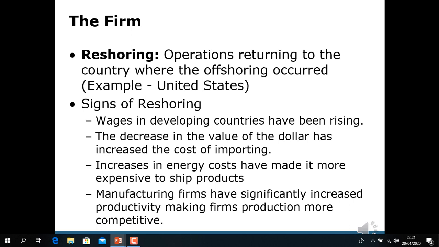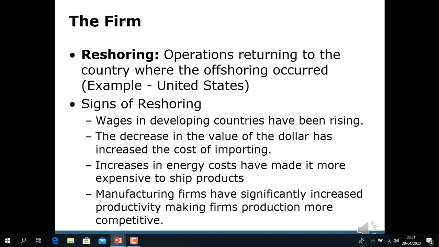The second type of external is reshoring. Reshoring is a term used to describe the return of production facilities to the country of origin after moving abroad. For example, in Indonesia, a cooking oil company closed manufacturing facilities in another country and opened a new one in Indonesia.